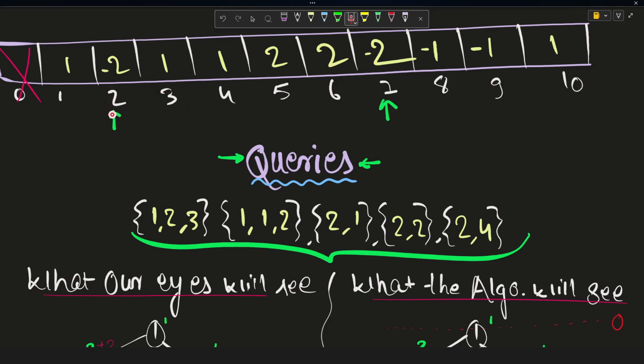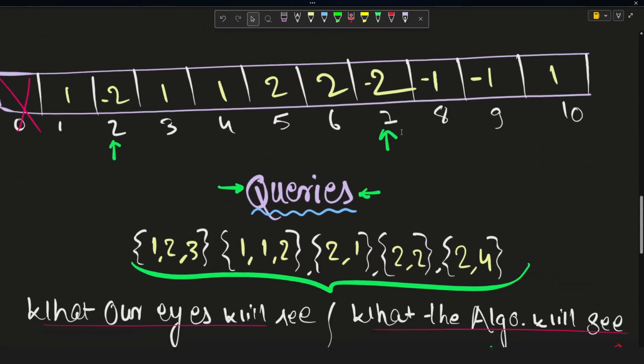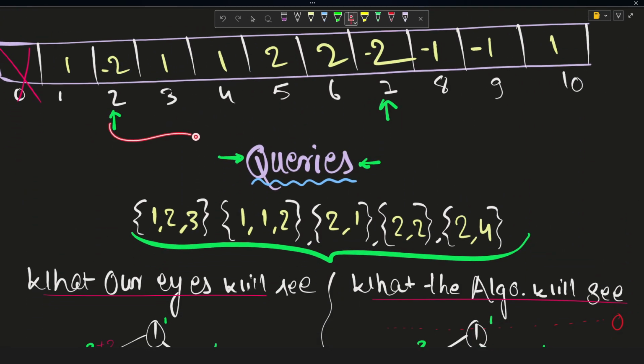Whatever nodes are present at the odd level will hold the negative value of the original values. Since the odd level nodes have a negative of their original value, instead of +2 it will be -2, and similarly instead of +1 I will write -1. Now since I want to perform an operation on the subtree of the second node, we know that for the second node this is the required range.